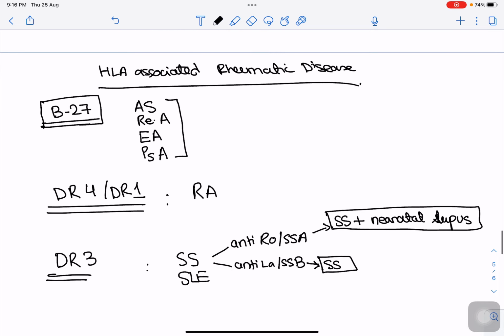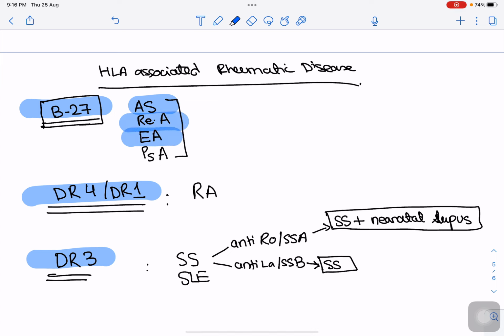And then we covered three types of HLA: B27, DR4 and DR1, and DR3. HLA-B27 is associated with ankylosing spondylitis, reactive arthritis, erosive arthritis, and psoriatic arthritis, whereas DR4 and DR1 are covered under rheumatoid arthritis.